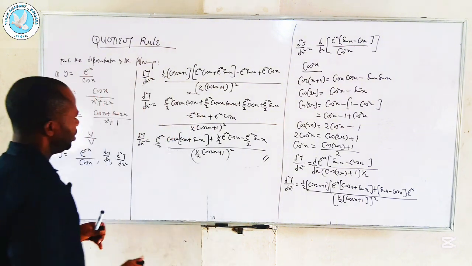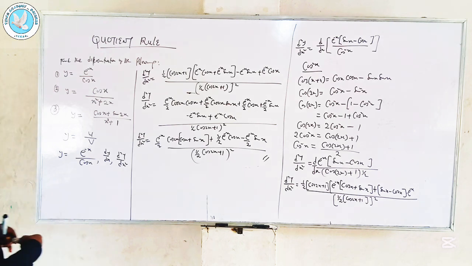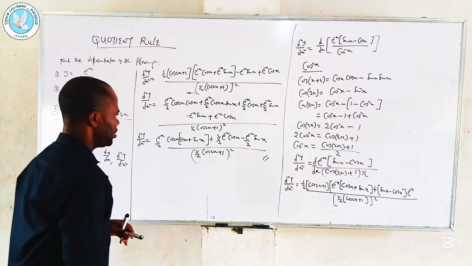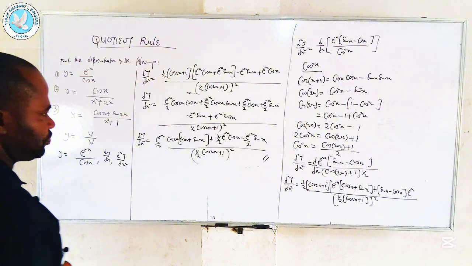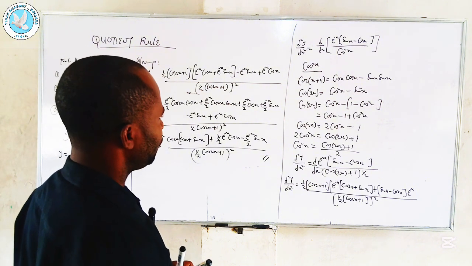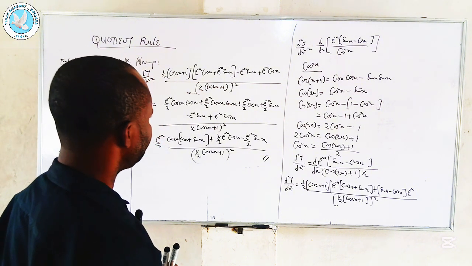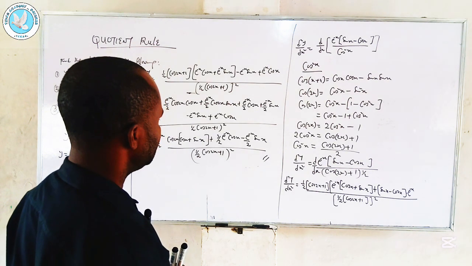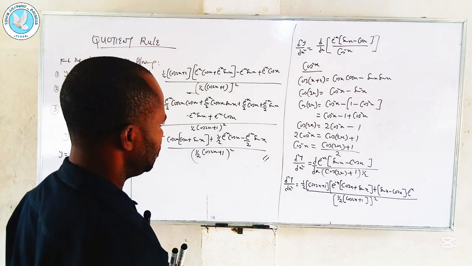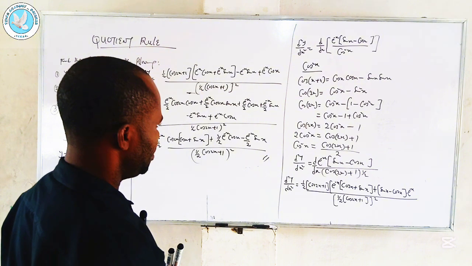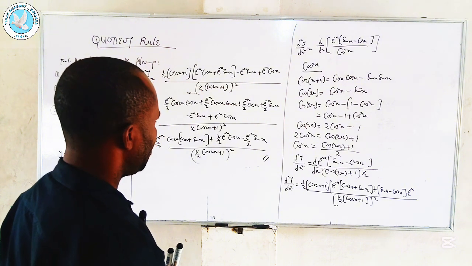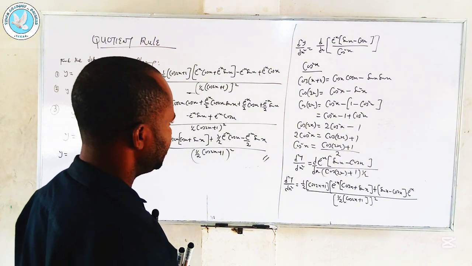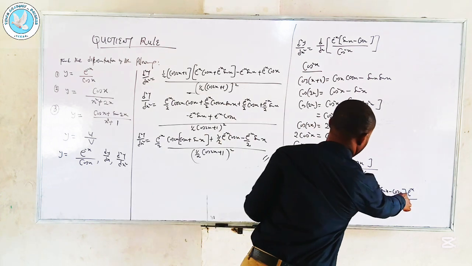So we look at how it is, and in this scenario we need to be very careful with the signs so that we will not make a mistake. So at this point we have this sign comes from here.